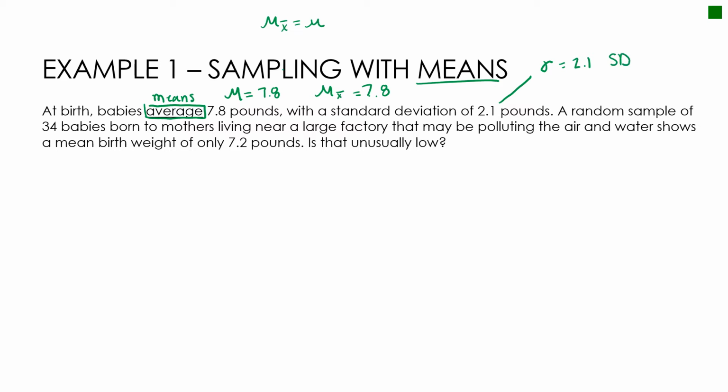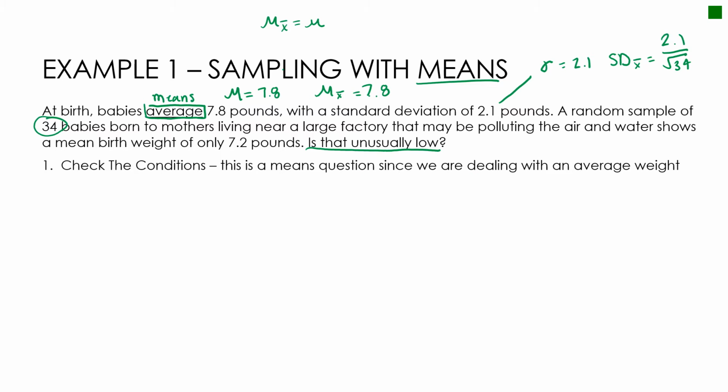The standard deviation of my sample is going to be sigma divided by radical n, and n is how many babies we're dealing with. So just to keep everything straight, these are the values that I'm looking at. Now, the question I'm trying to answer is, is that unusually low? Before I can get started with all of these great things, I need to look at the conditions.